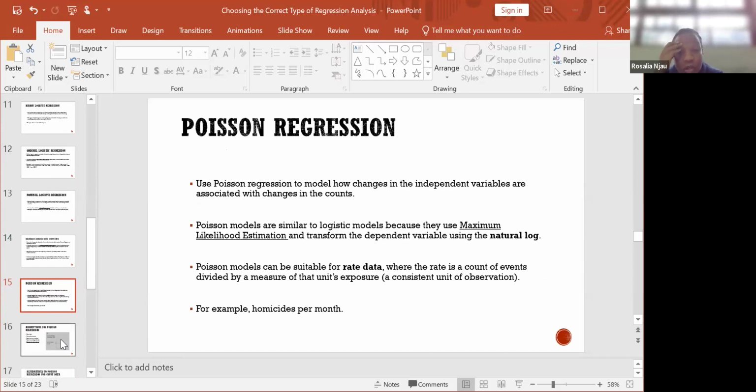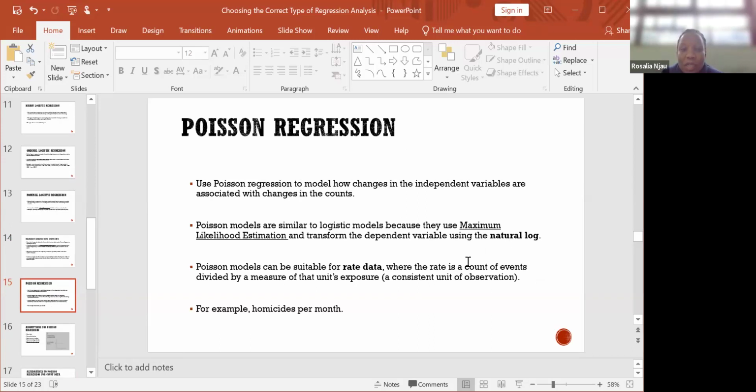We use Poisson regression to model how changes in the independent variables are associated with changes in the counts. Poisson models are similar to logistic models because they use maximum likelihood estimation, as we said, and transform the dependent variable using a natural log.